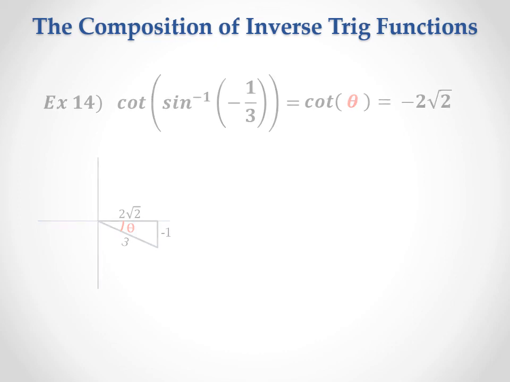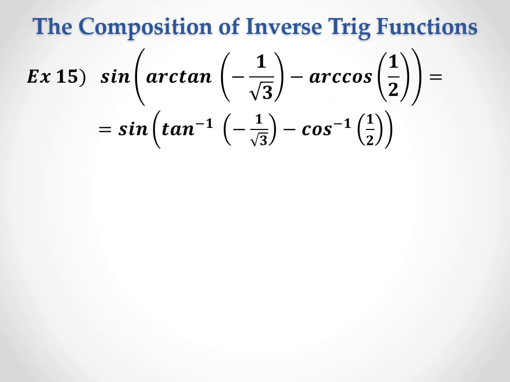All right, and I believe this is the last problem, number 15. We're looking for the sine of the arctangent of -1/√3 minus the arc cosine of 1/2. So you want to draw a picture for each of these inverse trig functions. The first one is negative and it's an inverse tangent, so I know I'm in the fourth quadrant. This ends up being one of our special angles, so we can put that value in.